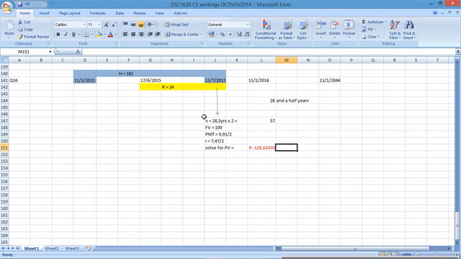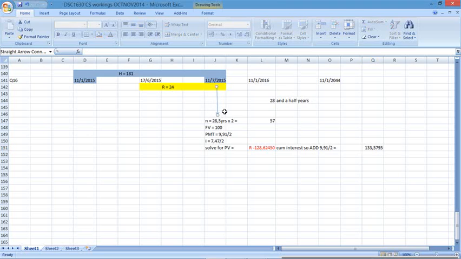Alright, now what do we do? Is this cum or ex? Well, it's greater than 10 days, so cum interest. So we add a coupon of 9.91 divided by 2, which gives us that answer.